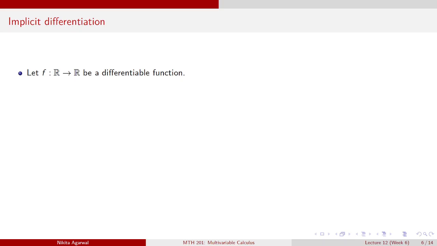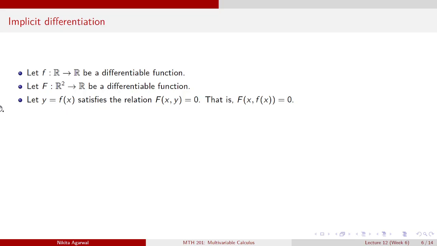So let f go from R to R be a differentiable function, and let capital F from R2 to R be a differentiable function. So you have two functions, one which is a one variable function, the other is a two variable function, but taking scalar values. Now let y equal to f(x) satisfy the relation capital F(x, y) is 0.